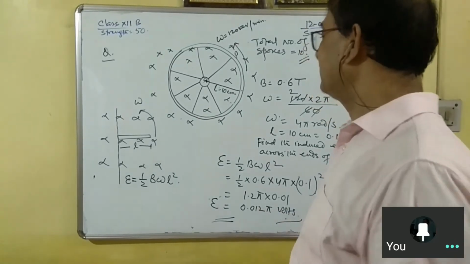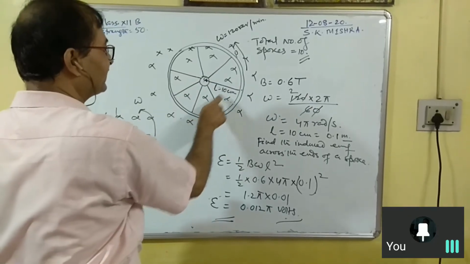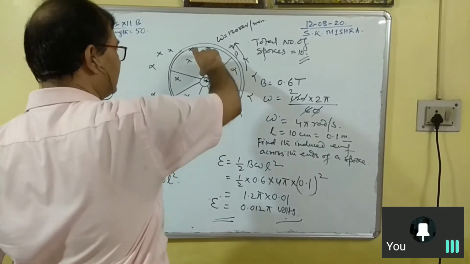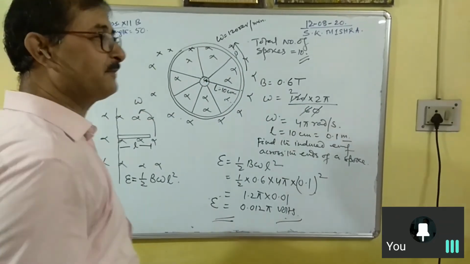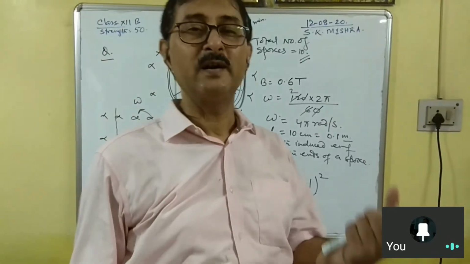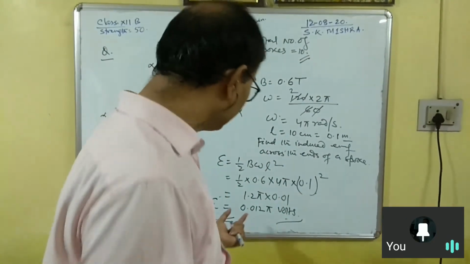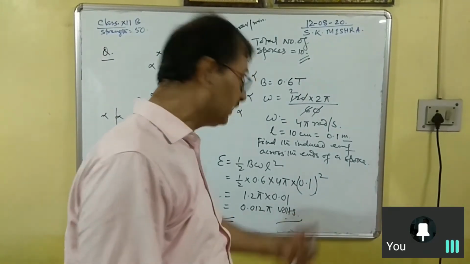Okay. Now all the spokes are connected in parallel. See, all are connected in parallel. And if EMF developed across each spoke is same, then what is the net EMF? Net EMF is nothing but EMF developed across one spoke. So across one spoke, it is 0.012 pi volts.